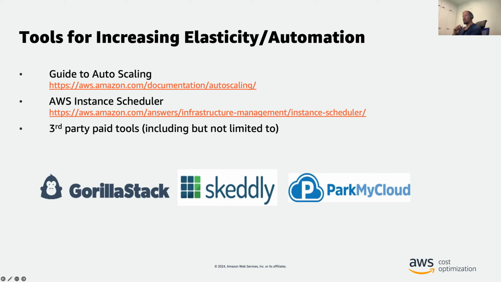You would say, okay, that would be an auto-scaling item. So select auto-scaling. AWS Instance Scheduler will enable you to shut down your instances in an automated manner during times that you don't need them. The third-party tools, we're not going to dig into those.